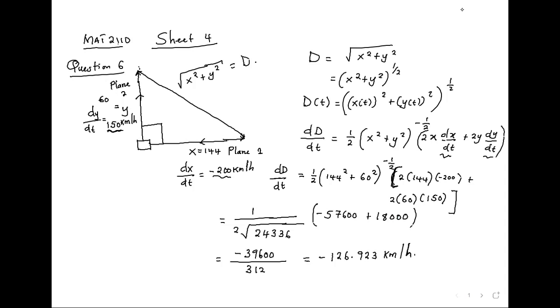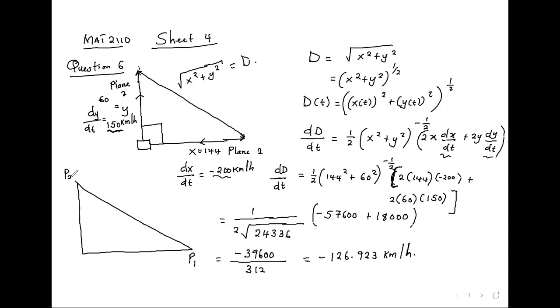Sir, sorry, I'm a bit lost where we got 144 and 60. 144 and 60. So we are given, if I can just squeeze this one here. So I've said this is plane 1 and this is plane 2.